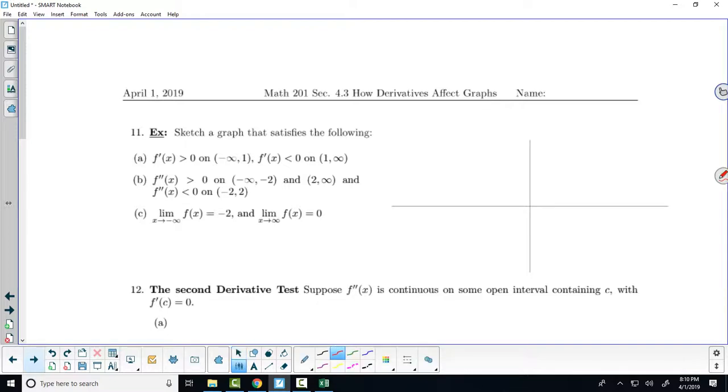All right, folks, you may not have gotten it yet, but let's pause here and make some statements, and then you can keep working on it. What is going on at x equals 1 from that first bullet? Well, before we get to 1, it's increasing. And after we leave 1, it's decreasing. So what's happening at 1?